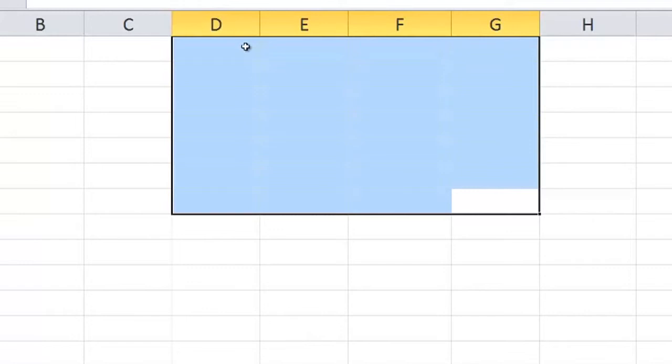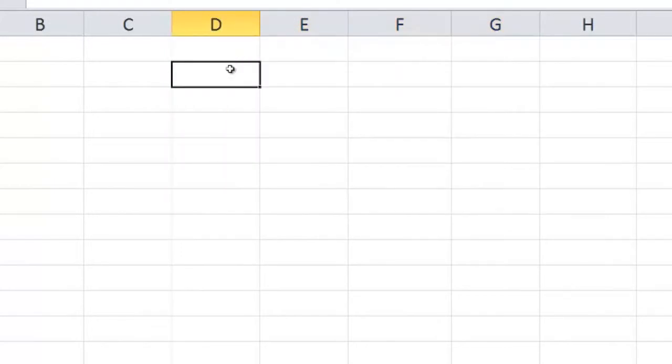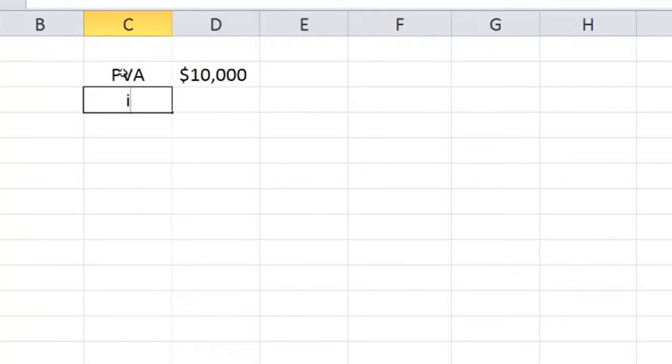And what we'll do there is we'll solve for cash flow. So we know the present value of this annuity, or the value of this loan, is $10,000. We know that, so this is PVA. We know that I equals 5%, that's your interest rate, and N, the number of years, is 5.